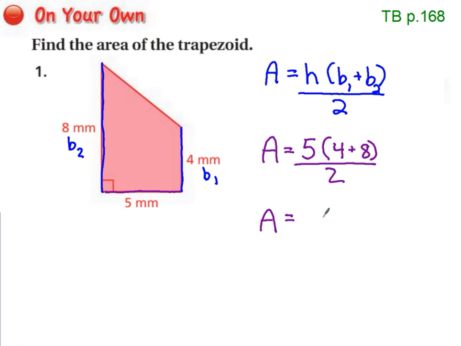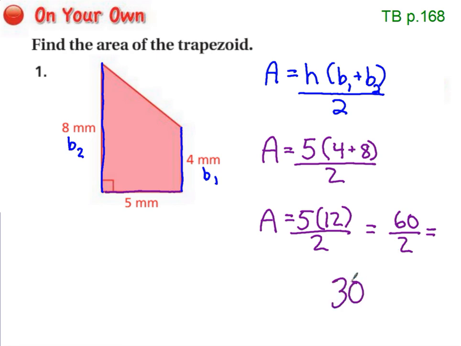So 4 plus 8 is 12. I fill in the rest of my formula. Next thing I have to do is multiply. So 5 times 12 is 60. And then 60 divided by 2 is 30. So my area is 30 millimeters. And then remember, no matter what shape we're doing, area is always squared. 30 millimeters squared.